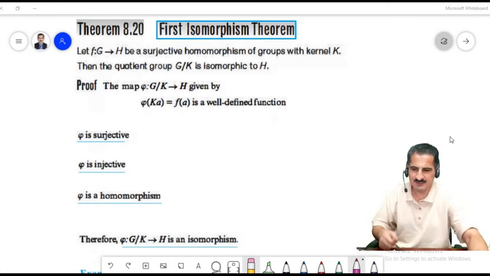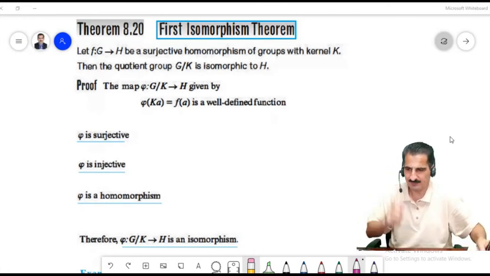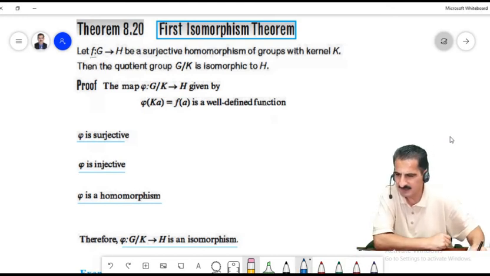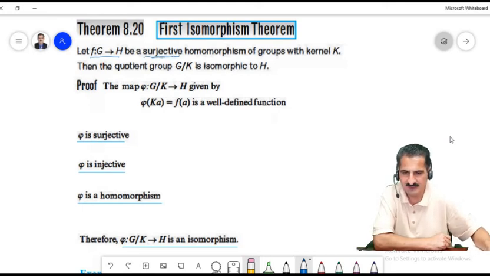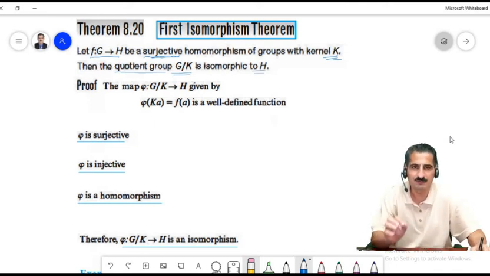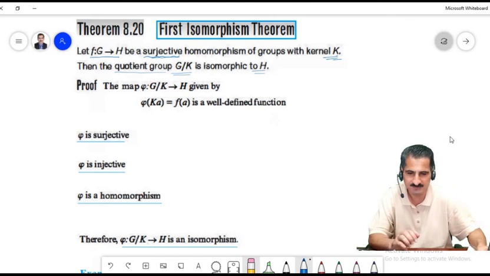The first isomorphism theorem says if we have a homomorphism F from G to H, which is a surjective homomorphism, and K is the kernel, then the quotient group G over K is isomorphic to H. This is a very, very important theorem in algebra at all levels. So what does it say?